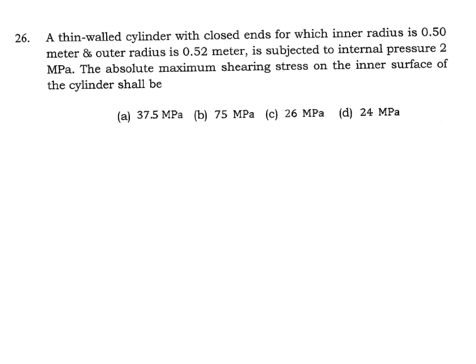Thin-walled cylinder. Here inner radius Ri is 0.5 meter, outer radius Ro is 0.52 meter. Thickness t equal to Ro minus Ri, outer radius minus inner radius, it's 0.02 meter.